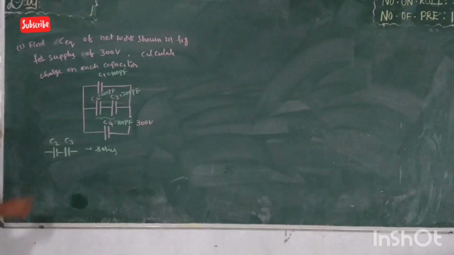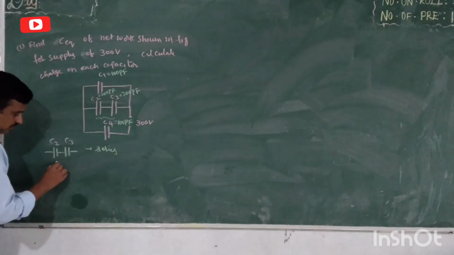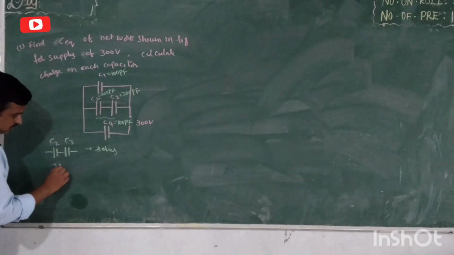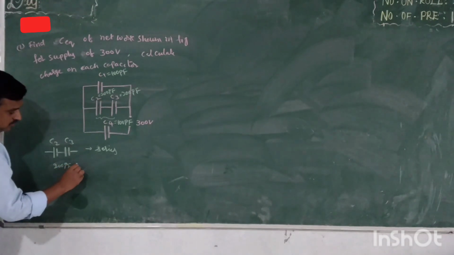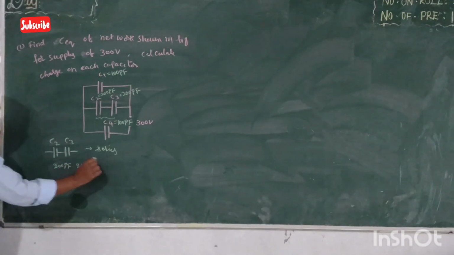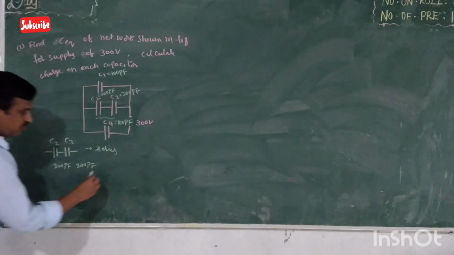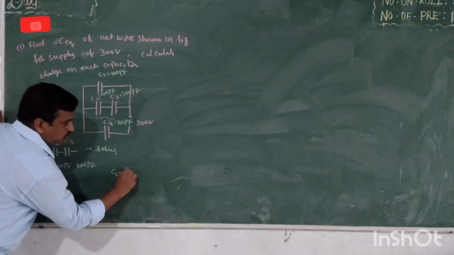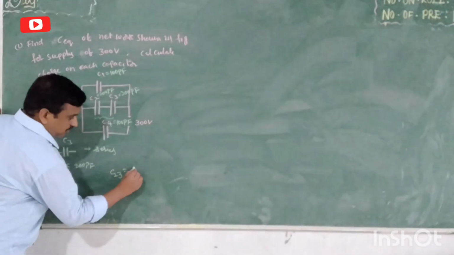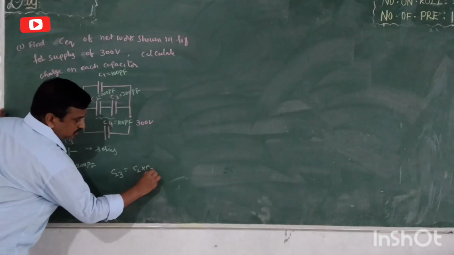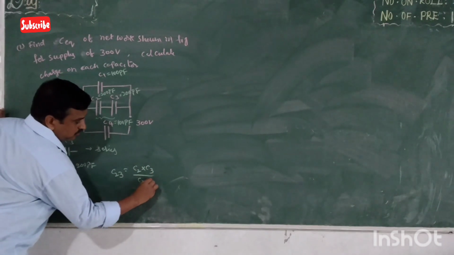For C2 and C3, this is 200 picofarads and this also is 200 picofarads. First we can solve this one. The equivalent C23 equals, what is the formula? C2 into C3 by C2 plus C3.